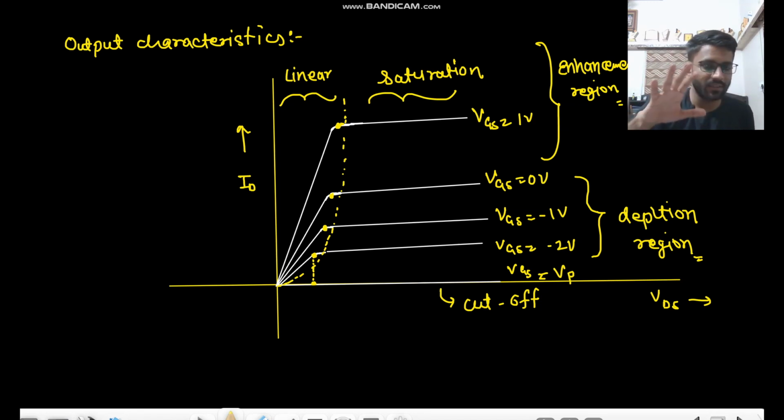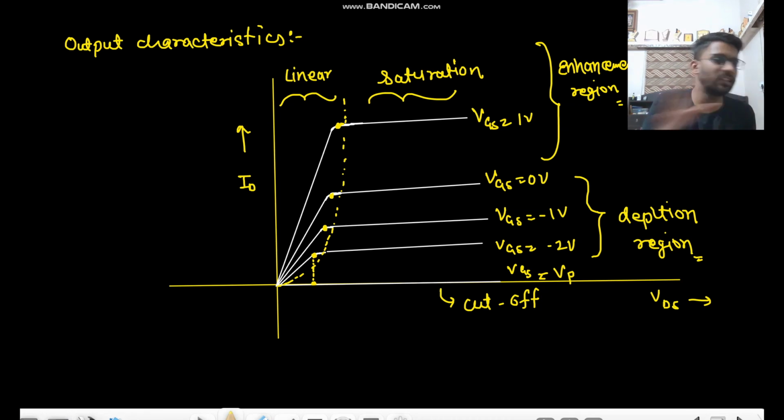We are studying the N-channel depletion type MOSFET. In a depletion type of MOSFET, you can have an enhancement region and a depletion region as well.